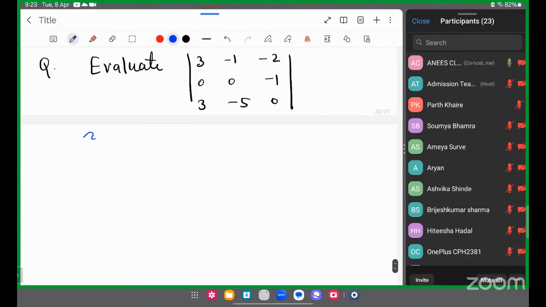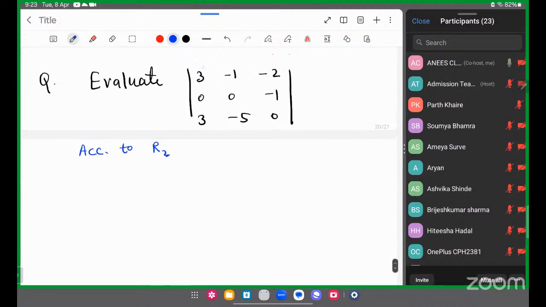So on expanding according to R2, convention will be plus minus plus minus plus minus. So first element will be 0, whatever will be the result, this will give 0 output, this will give 0 output. So we have to calculate only for minus 1. So element is minus 1, convention is minus, so this will be 1.